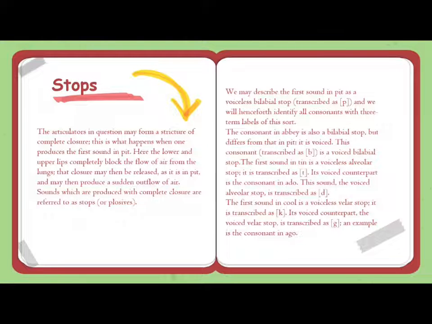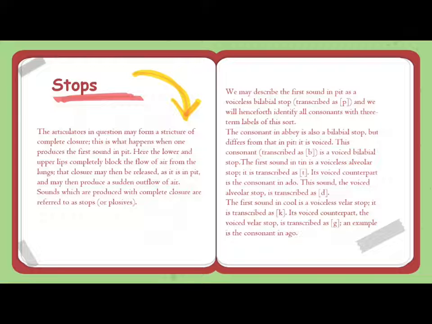The first one we have is stops. The articulators in a stricture may form a structure of complete closure. This is what happens when one produces the first sound in pit. Here, the lower and upper lips completely block the flow of air from the lungs. That closure may then be released, as it is in pit, and may then produce a sudden outflow of air.